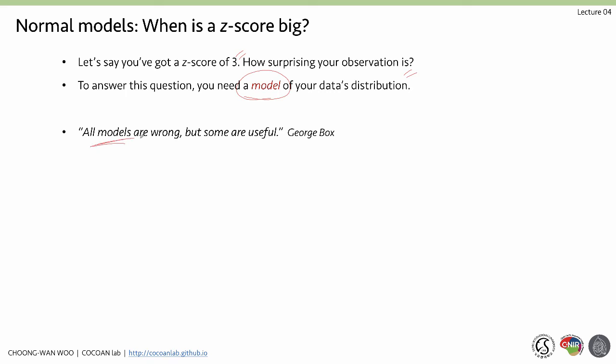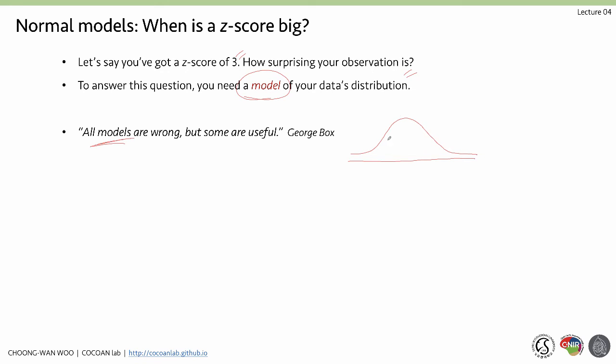The model is based on theory or parameters, population parameters, theoretical parameters, and the model draws a really beautiful world. In the ideal world, for example, heights or weights really have these bell shapes. But in reality, there is noise and many complicated factors influencing the data, with complicated interactions.